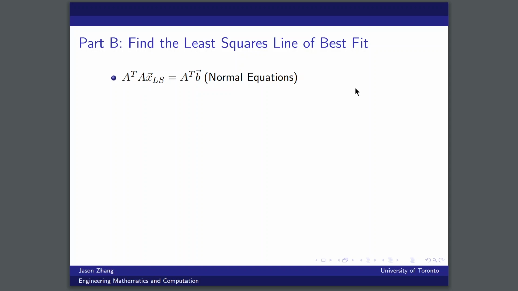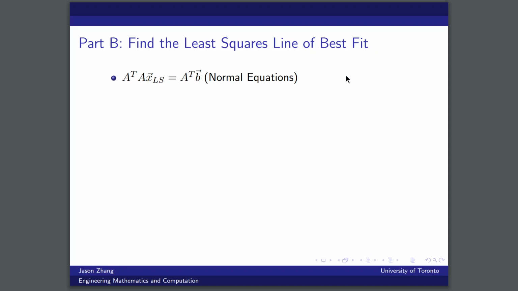And because AXLS is a projection onto the column space, B minus AXLS is orthogonal to each of the column vectors in A. And because of that, the dot product of each column with the error vector is equal to 0. We should have n equations equal to 0, which means A transpose multiplied by B minus AXLS should be equal to 0. And if we distribute that out, we get these normal equations.